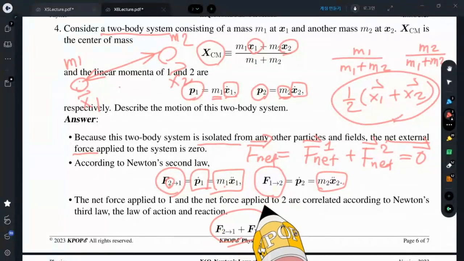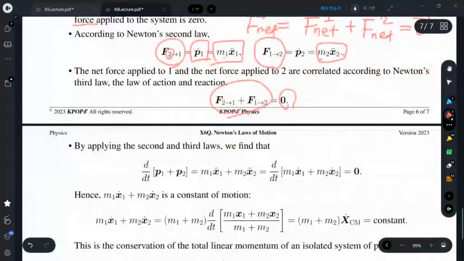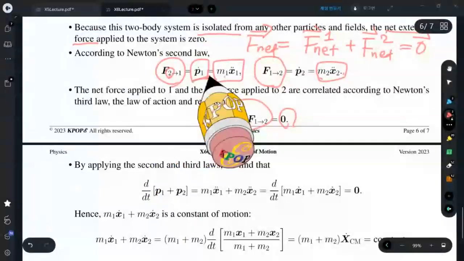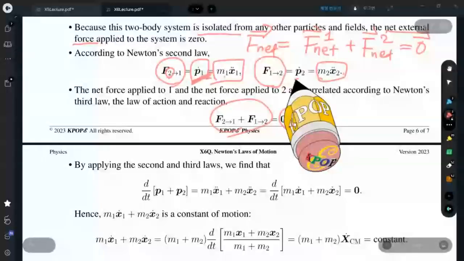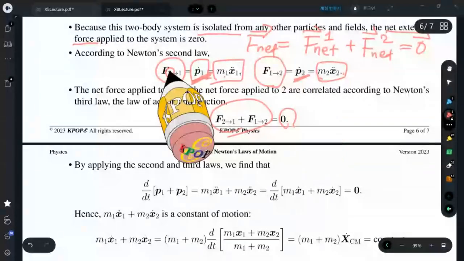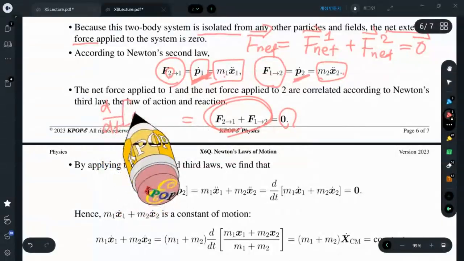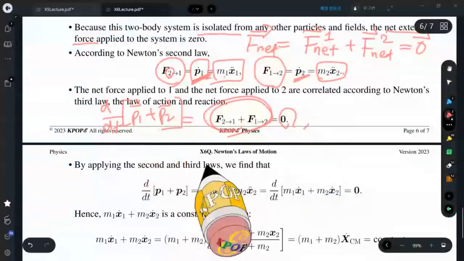The sum of them must always be 0. As a result, the time derivative of the first particle's momentum and the second particle's momentum, that is this, is vanishing.